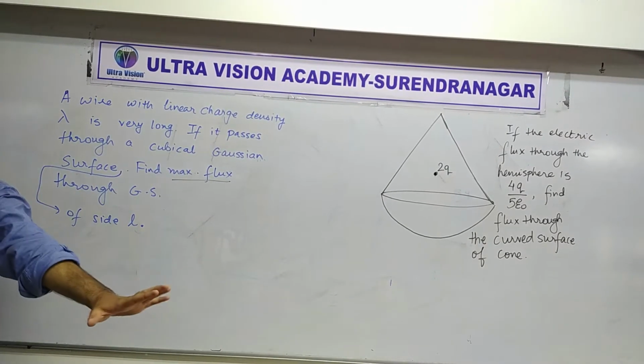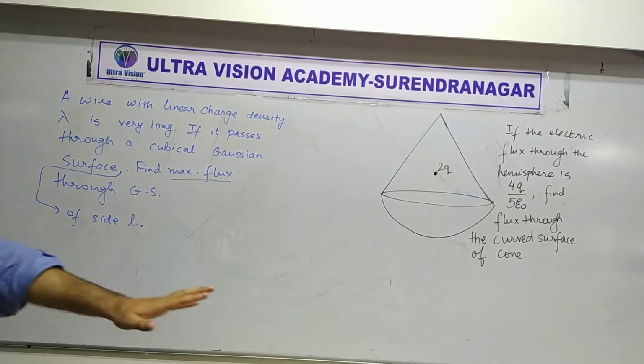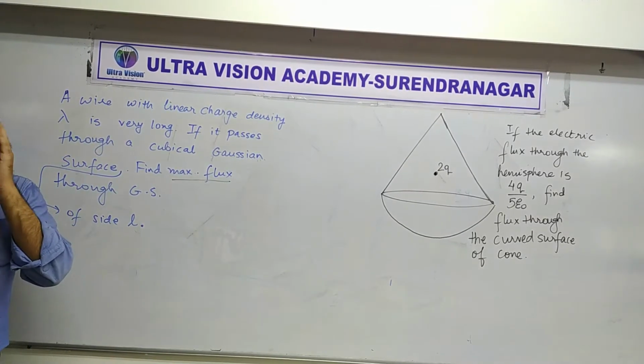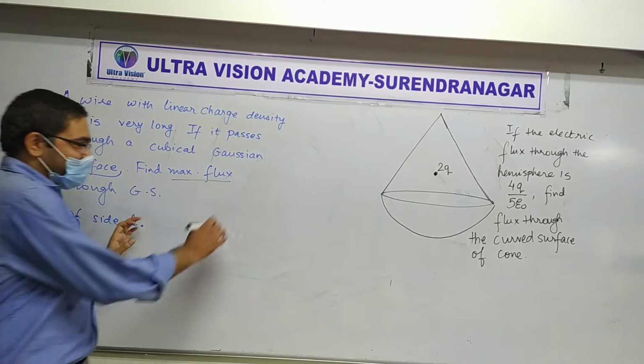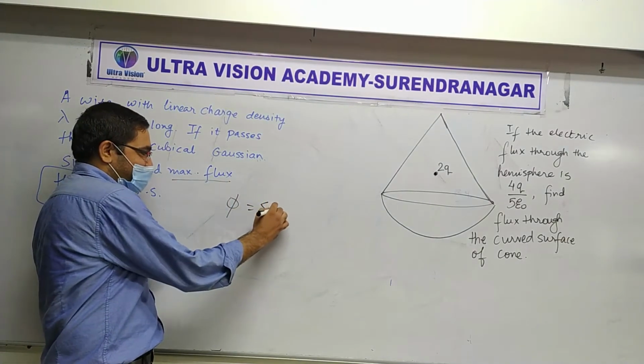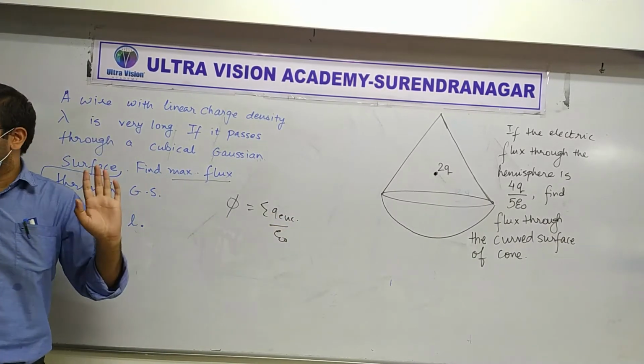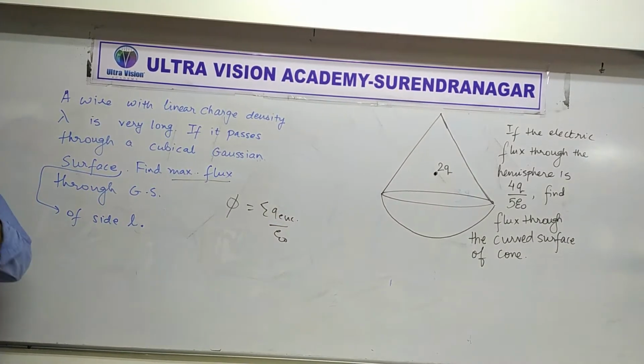Let's say this is the cube, and we want to put a wire through it so that we get maximum flux. It's quite clear that for maximum flux, you should have maximum charge inside it. To get maximum charge inside, you should get maximum length inside the cube.